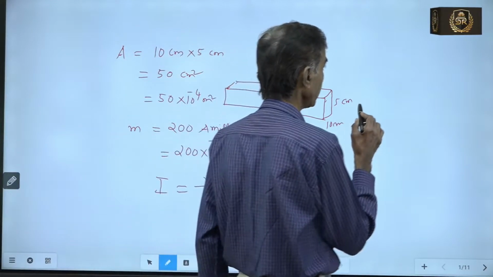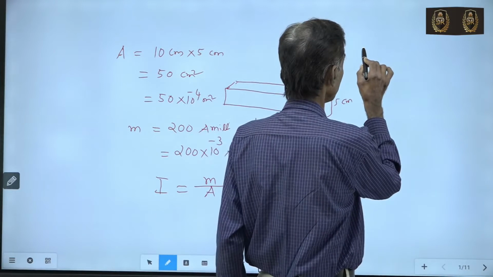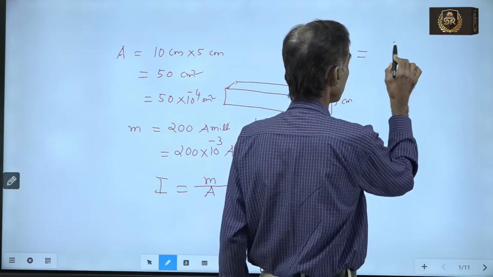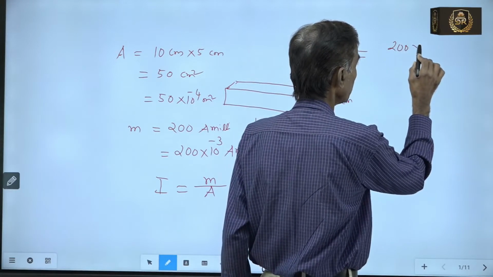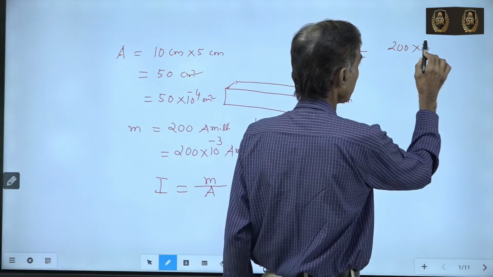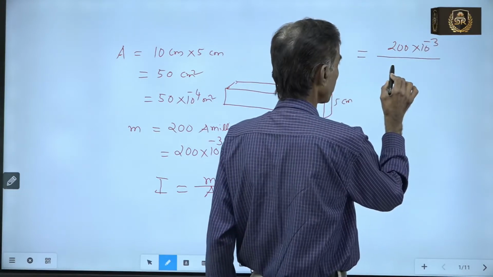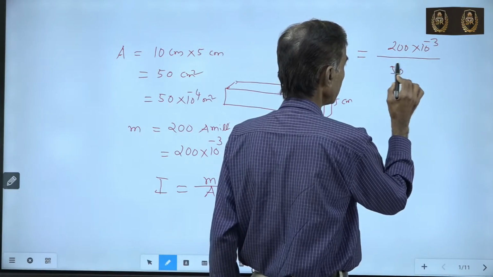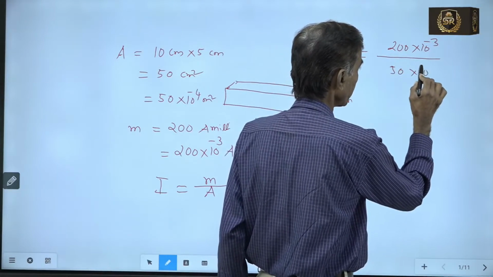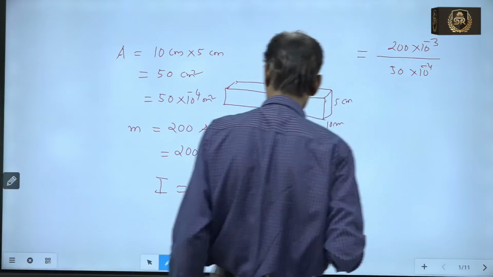So substitute all the values now. I equals 200 into 10 power minus 3 divided by 50 into 10 power minus 4.